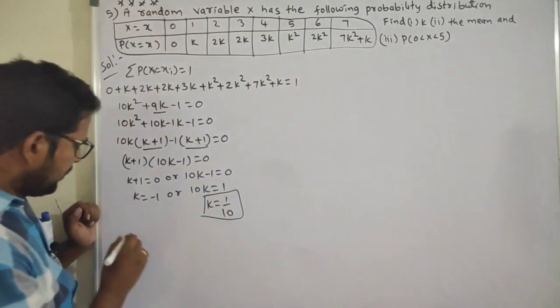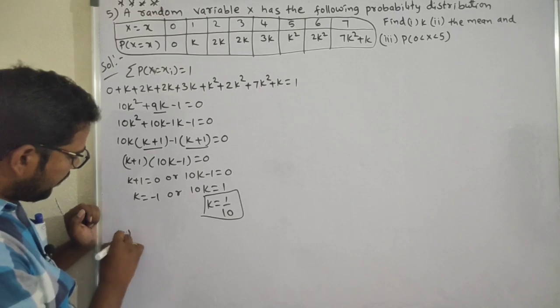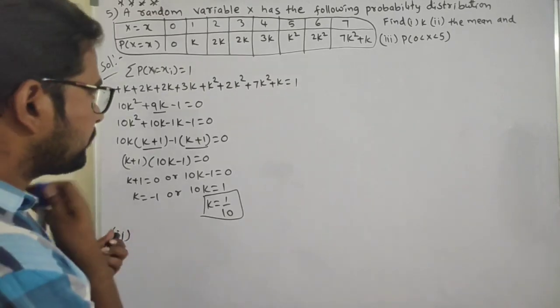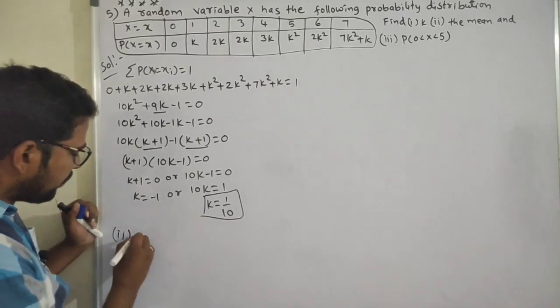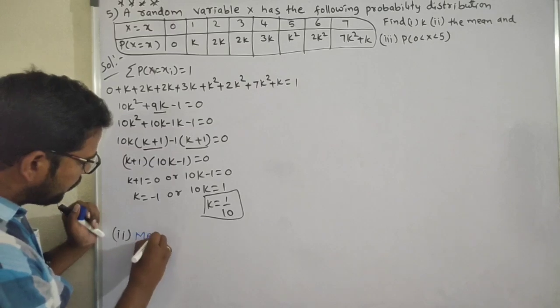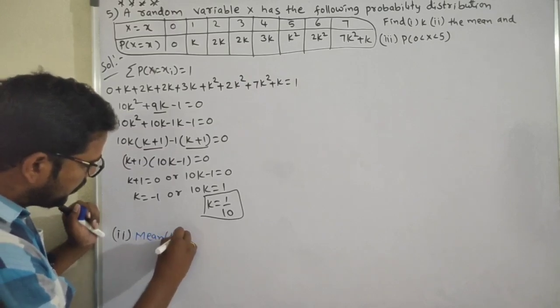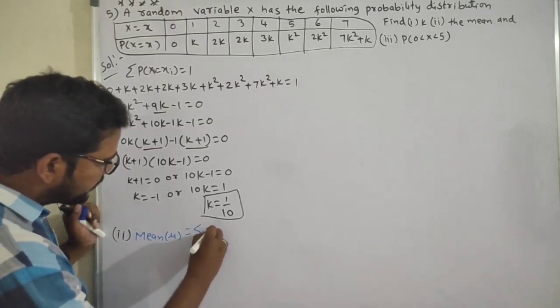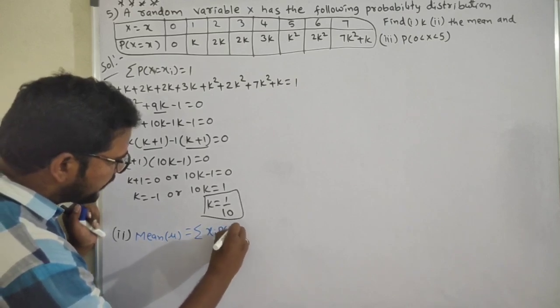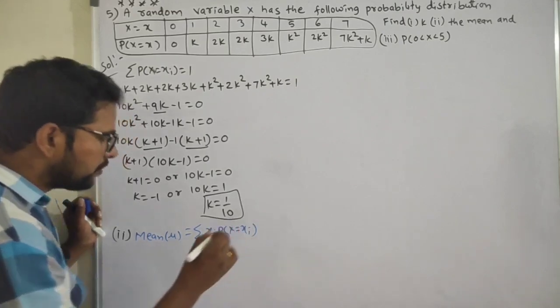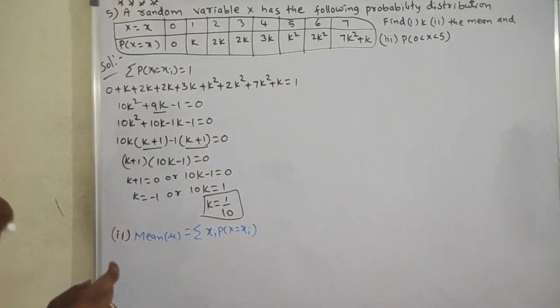Next, the mean. Second one, what is the mean formula? Mean mu is equal to the summation of xi into P of x equals xi. So what is xi?